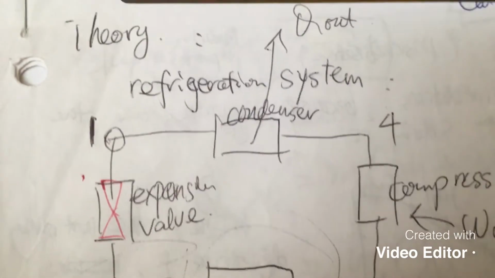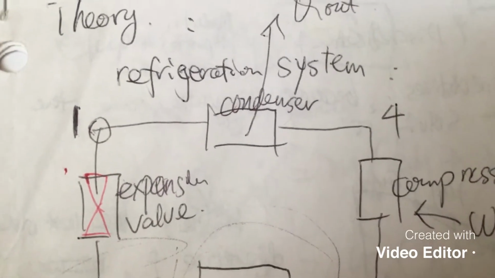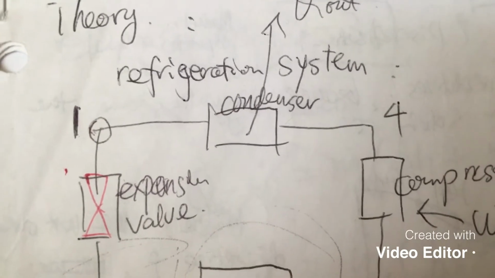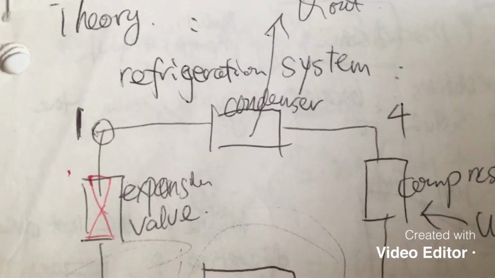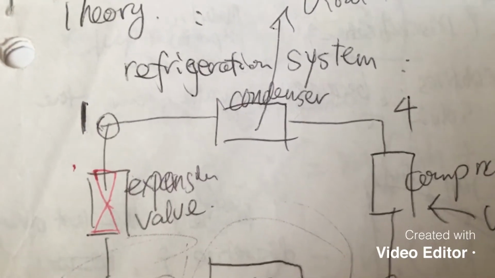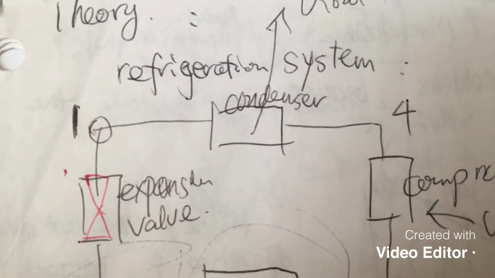So remember the heat gain and heat loss calculation. The heat lost in the refrigerant side is a mass flow rate times delta H, right?